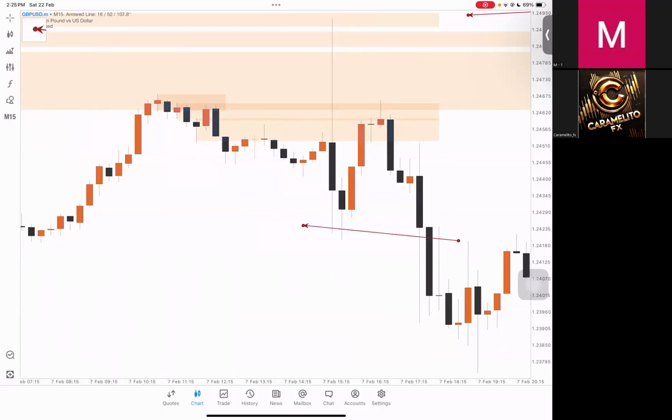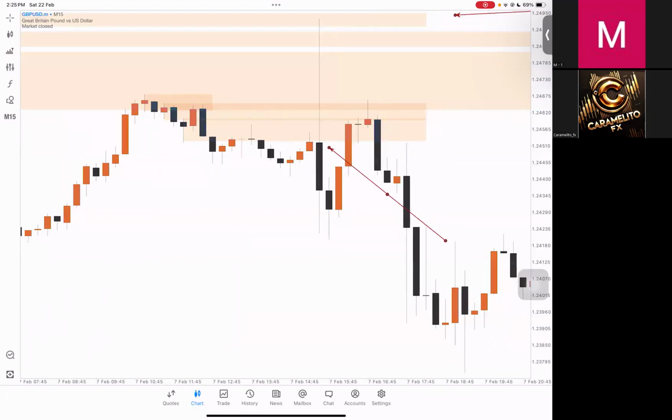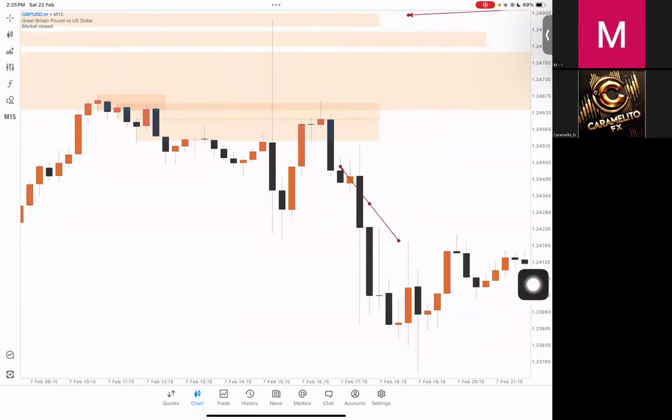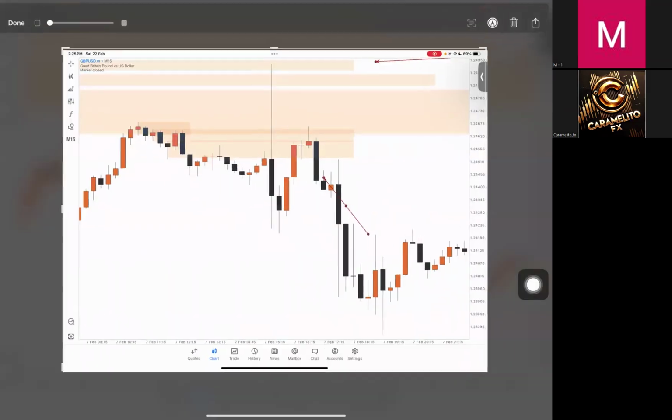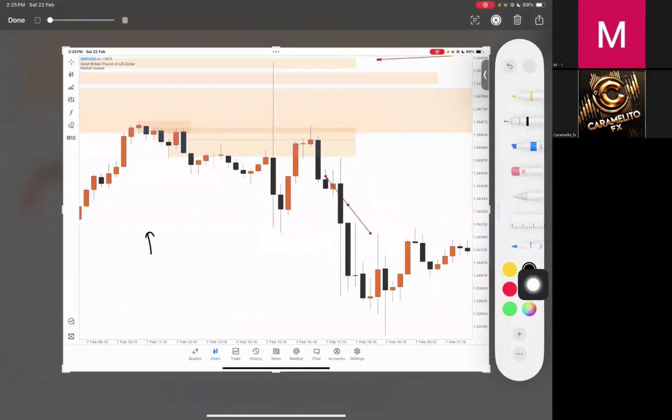So let's say you feel that you don't want to enter that area. You feel scared because of the shadow, maybe you're scared of the news, so you choose not to trade on news. It's okay if you have a late entry, because you still can find an opportunity for a re-entry.